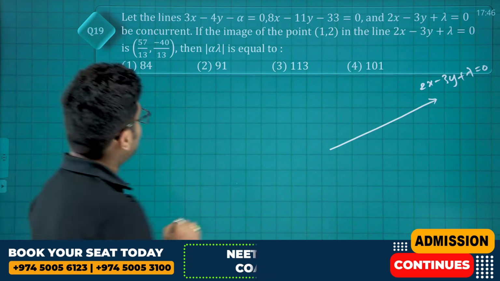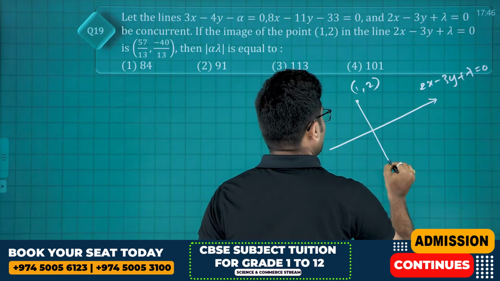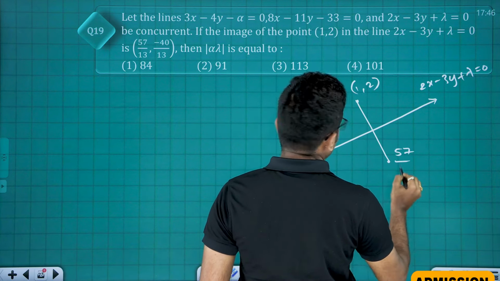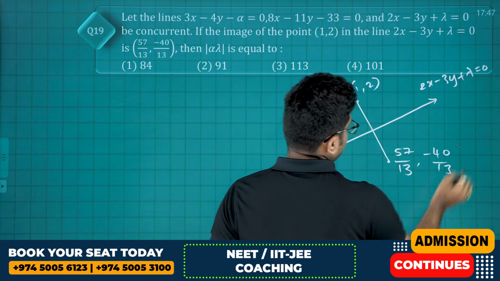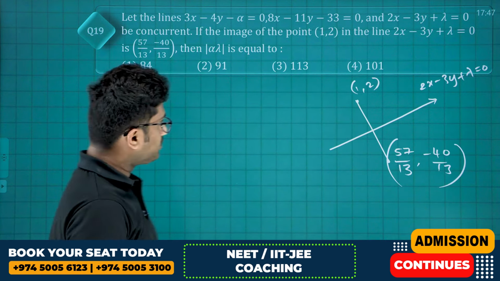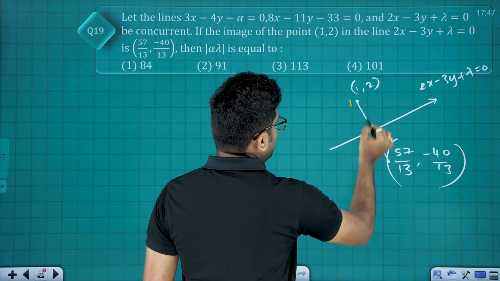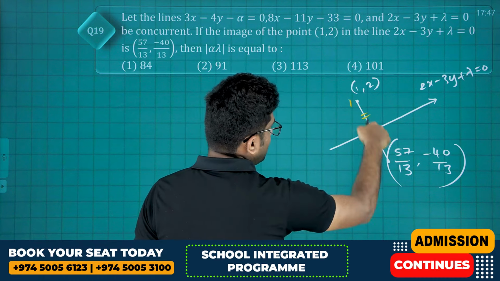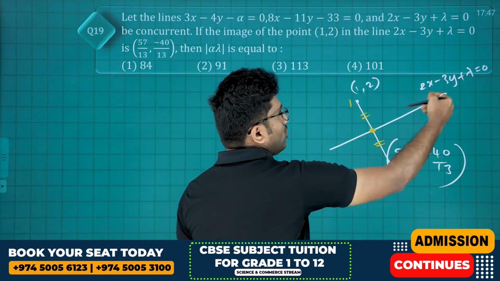If the image of point (1, 2) with respect to this line is given as (57/13, minus 40/13), then the midpoint of these two should lie on this line, because the distances are equal, correct?